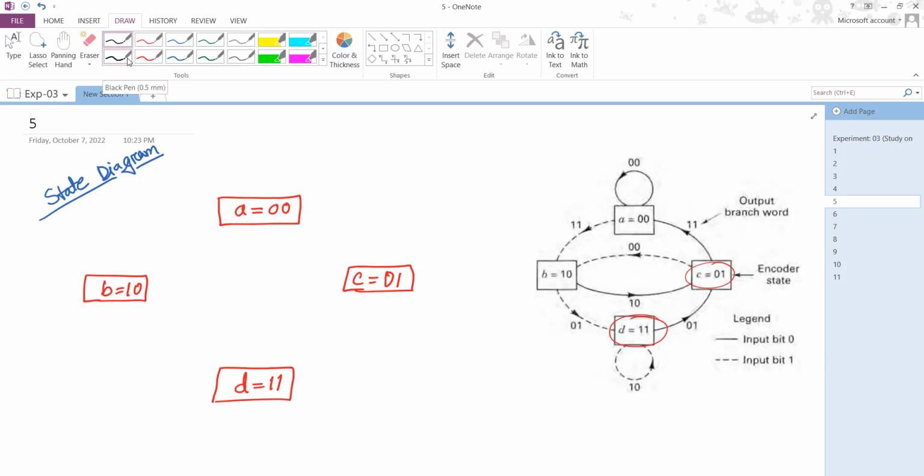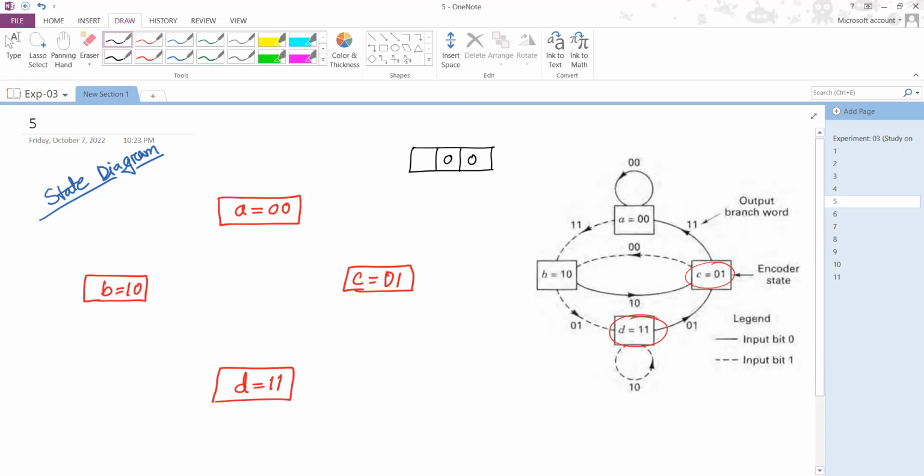Now, from the vector diagram, or for the shift register, we see that there are 3 shift registers for that example. And for that shift register, we start with A equal to 0 0.